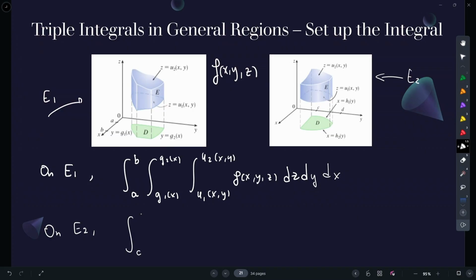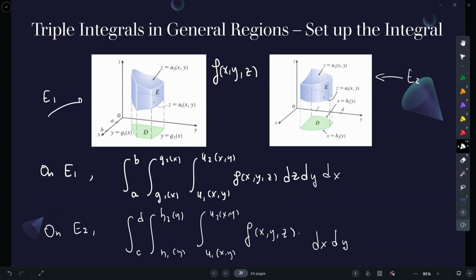So I'm going from c to d and doing dy. Then x is the next one to run from h1 of y to h2 of y, so that is dx. And then the z is going from u1 to u2, dz.